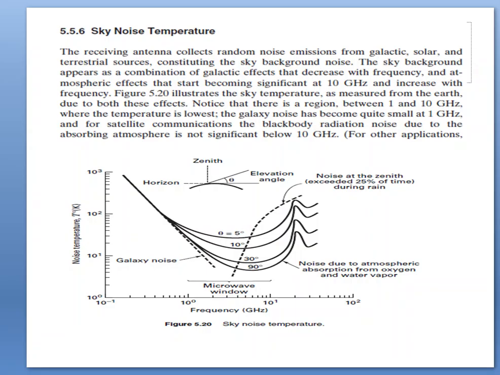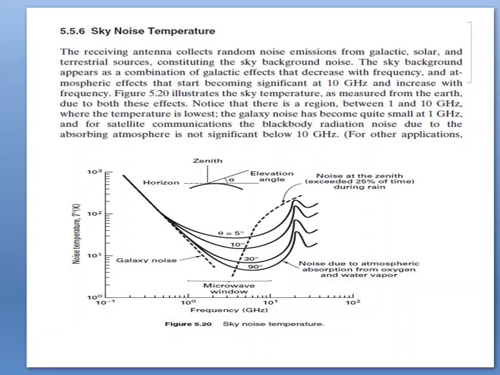The sky background appears as a combination of galactic effects that decrease with frequency and atmospheric effects that start to become significant at 10 GHz and increase with frequency. The sky temperature as measured from the earth is due to both these effects.